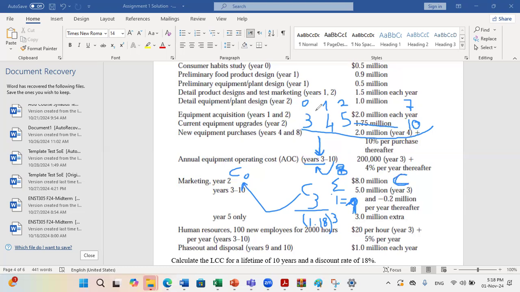I should multiply by 1.04 and divide by 1.18, to the power i minus 1.